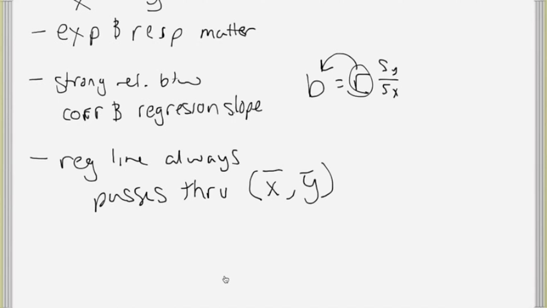So if you find the average of your x data and the average of your y data, the regression line will go through that point for sure. That average point will always be a point on our regression line. Yep. The point that's the average of each of the variables will always be a point on the regression line.